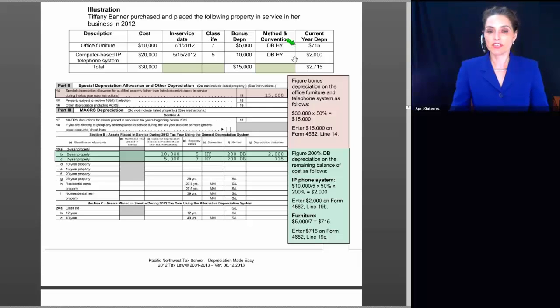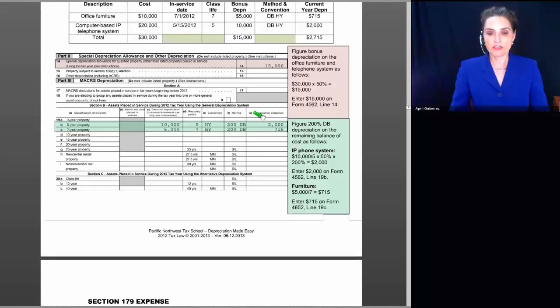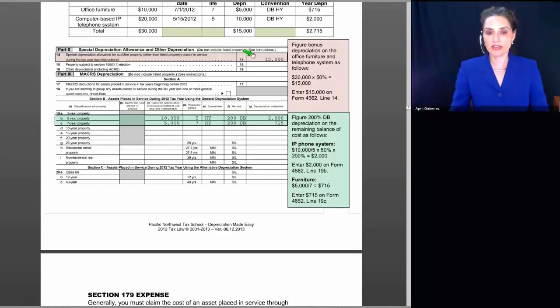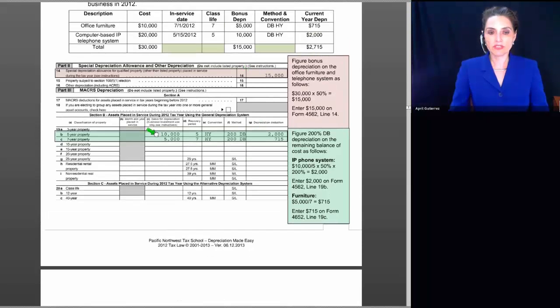And when she does that, she gets $2,000 for the IP phone system, and she gets $715 for the office furniture. So she'll enter $15,000 on line 14. She will then reduce the basis of her assets by the amount of bonus that she's claimed. Therefore, she has $10,000 of 5-year property basis, and she has $5,000 of 7-year property basis. She applies the recovery period, the convention, the method, and the deduction.